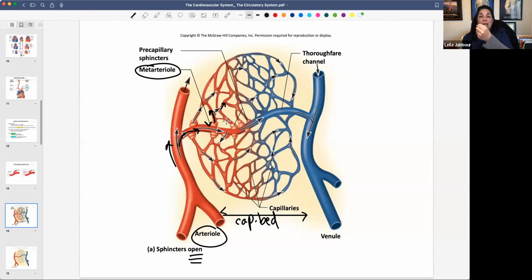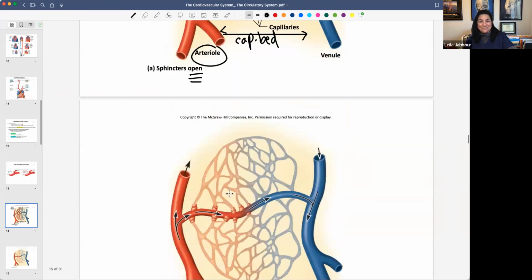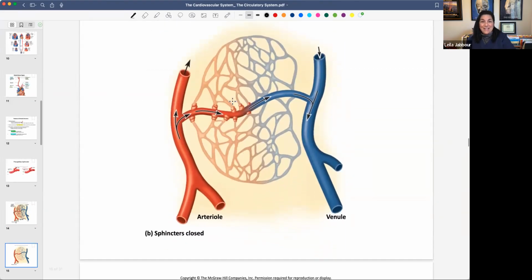around their bases, and basically either being relaxed and allowing the blood to flow through the capillary bed, perfect, or not. So here you have these sphincter muscles completely constricted, contracted, constricting the meta-arterial and not allowing the blood to flow through the capillary beds.